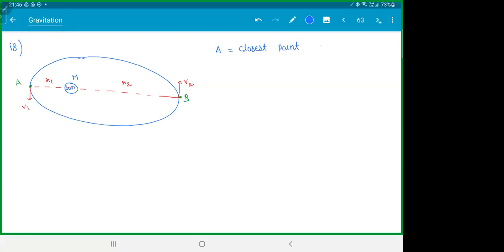It's also called perihelion or perigee. For sun, it is called perihelion. This is the farthest point. It is called aphelion. I think for moon, it is called apogee.